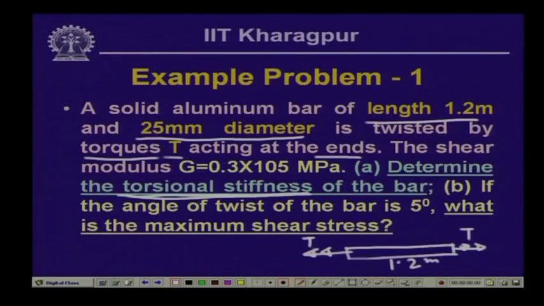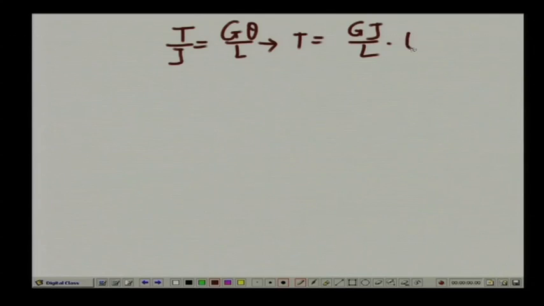So, let us compute this value. Now, we know that T by J is equal to G theta by L, and T thereby is equal to GJ by L times theta. Now, as per our definition, theta is unit. So, this is the stiffness.